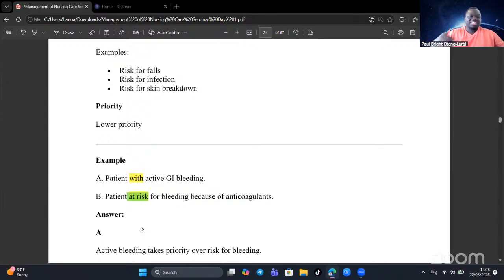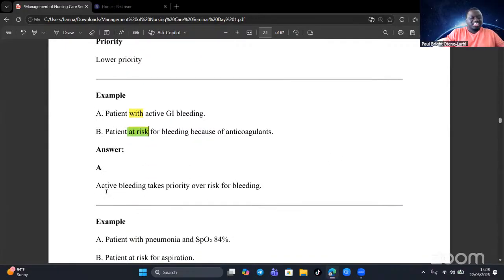Or if they want to give you a synonym, it will still explain the at risk for. So a patient with active bleeding, the patient is currently bleeding, patient with COPD, patient with hypertension, it means the problem is with them.